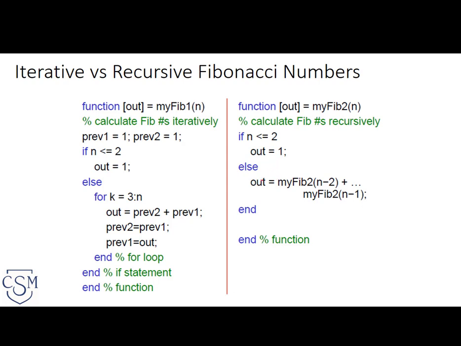But if it's not, it's my Fibonacci sequence n minus 2 plus n minus 1. And actually, these could go in either order. It doesn't really matter. It's just a linear combination here. But in this case, we put the n minus 2 recursive call first before the n minus 1. And that's the recursive function. So let's take a look at the code in MATLAB.